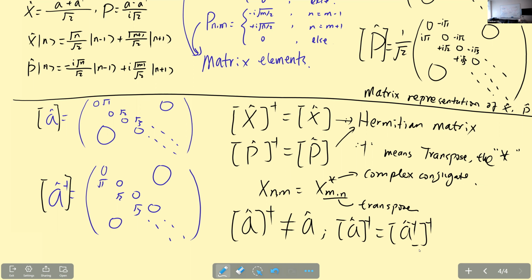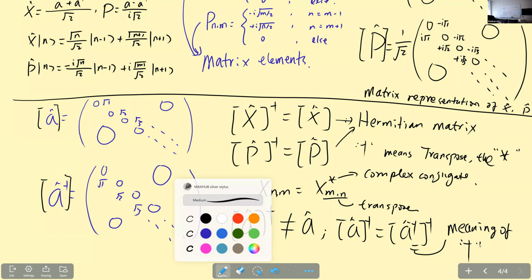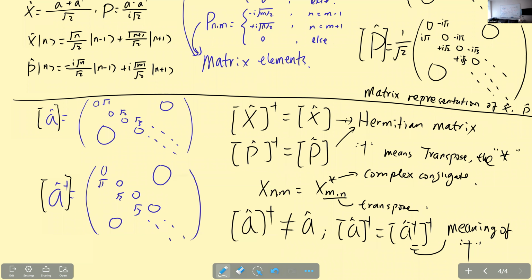So now you see the meaning of this dagger: it just means the Hermitian conjugate.